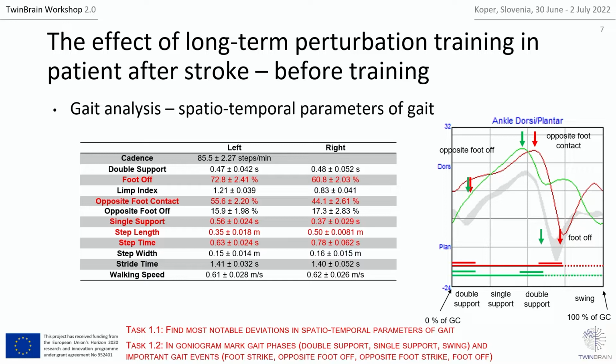When the second double support period occurs, we see a considerable difference between the left and the right side. The stance phase is extended on the left side and shortened on the right side. This is where the asymmetry is most notable, and this confirms that this subject was trying to prolong the support on the non-paretic, left side of his body.